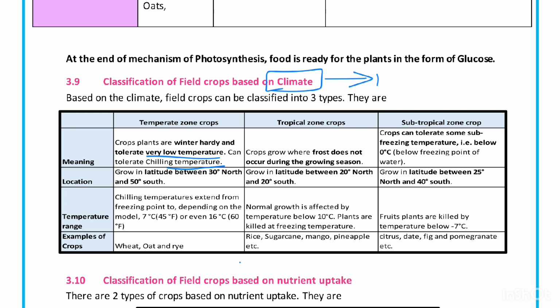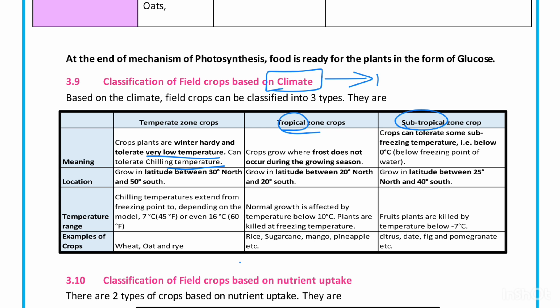The classification is based on climate of the region again, and we have three types of climatic conditions, that is temperate, tropical, subtropical. Accordingly, the crops that can be produced in these climatic conditions are called temperate zone crops, tropical zone crops, and subtropical zone crops.